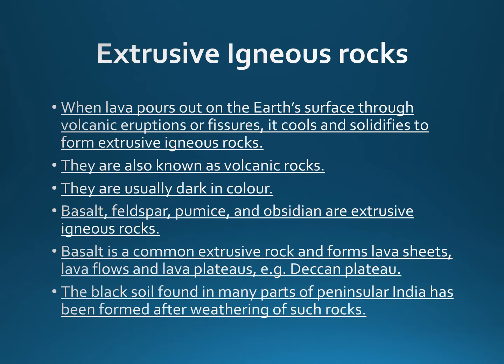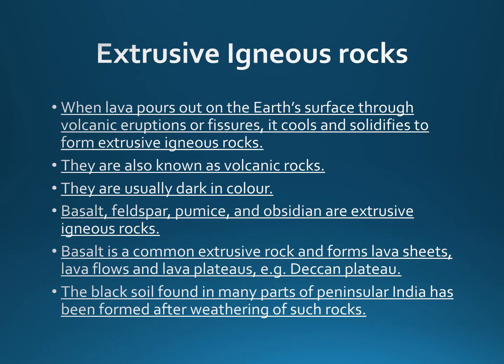The rate of cooling is more rapid than in the interior, and hence the crystals are finer. They are usually dark in color. Basalt, feldspar, pumice, scoria, and obsidian are extrusive igneous rocks.